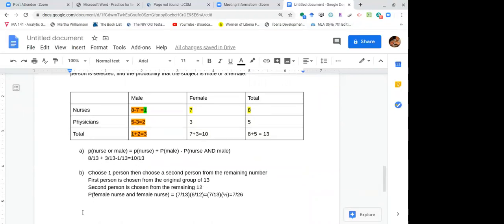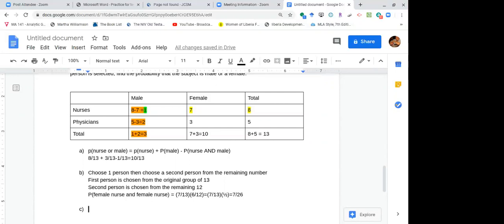So we have C. 5 over 13 plus 10 over 13 equals 15 over 13, minus the 3 that overlap over 13, equals 12 over 13. Physician 5, female 10, 15, and then minus 3 is 12. So that's 0.923, 92.3%.